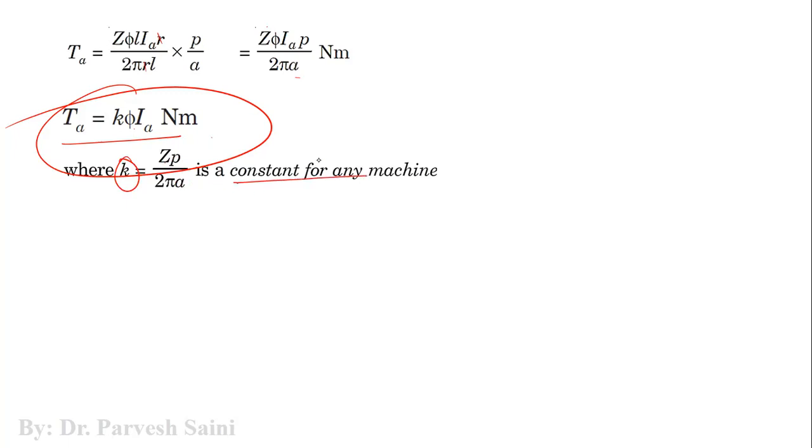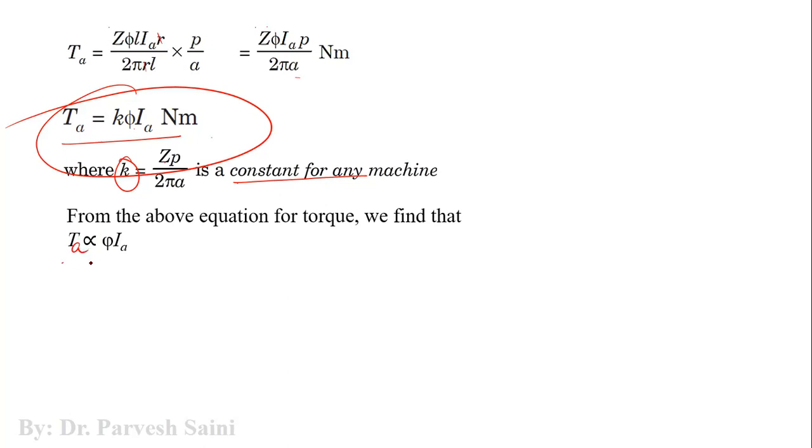It will be constant for any machine. Now from this equation, what have we understood? We have understood that the torque Ta is proportional to the product of flux and armature current.